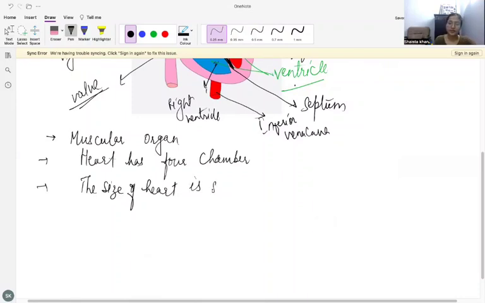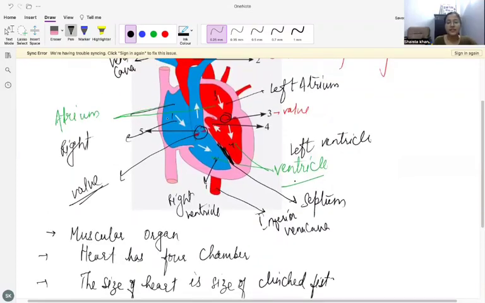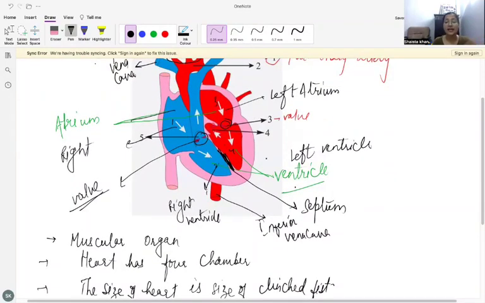The size of your heart is your clenched fist. Here you can see one side is blue and another side is red. And why is this so?